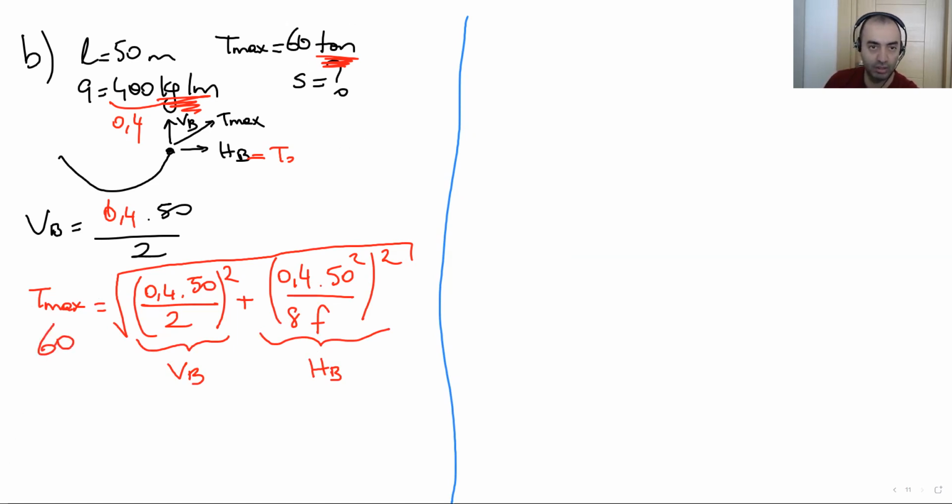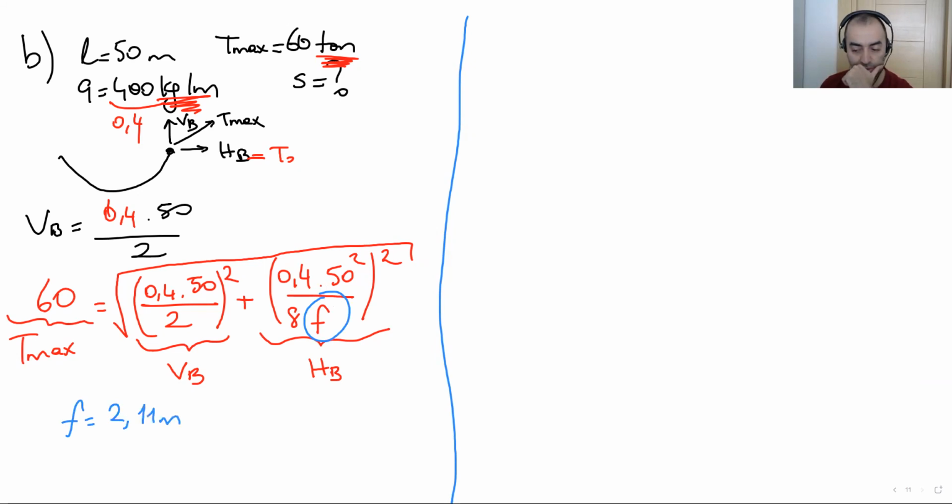Let me change here. Tmax. So in this equation, how many unknowns do we have? Only one. There is only one unknown here. This guy. So from here, F is 2.11 meters.